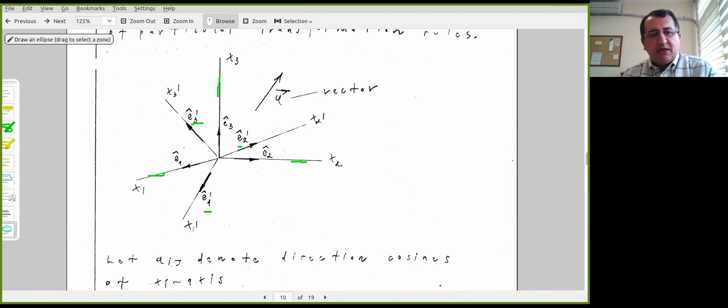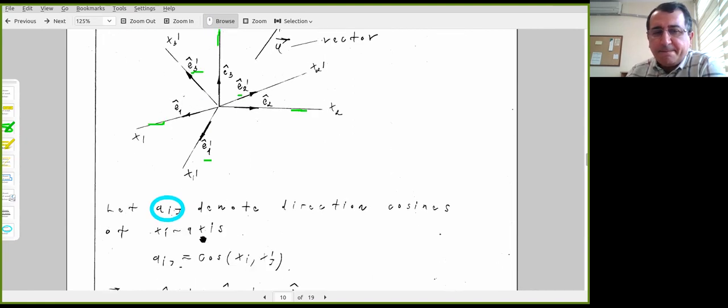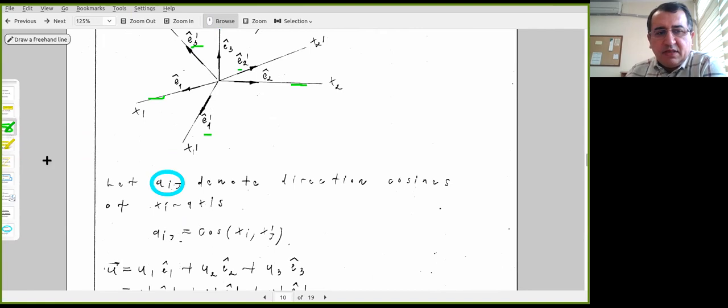First, we define a direction cosine matrix, Aij. These are cosines of the angles between xi and xj prime. And this is the mathematical representation of this definition. Aij is a direction cosine.